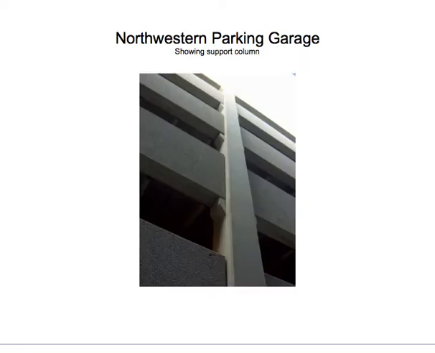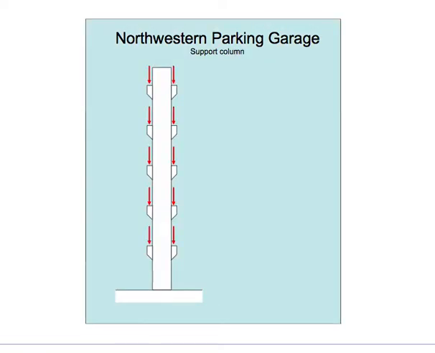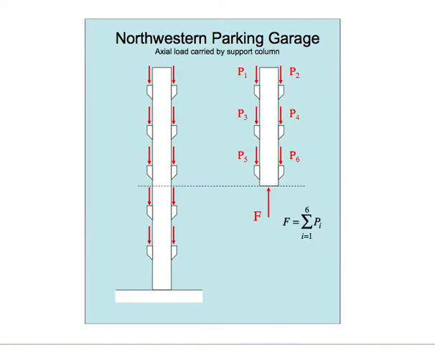Now when we look at the columns themselves, keep in mind the columns are what provide support for the horizontal beams. The load is transmitted from the horizontal beams to the columns through these reactions that we see here. The shoulders that are built in, the corbels that are built into the column, is what carries that load. So the forces that we show here are the resultants. In order to find the normal stresses carried by the column itself, we make a cut through here.